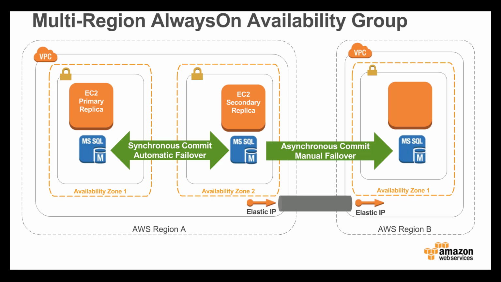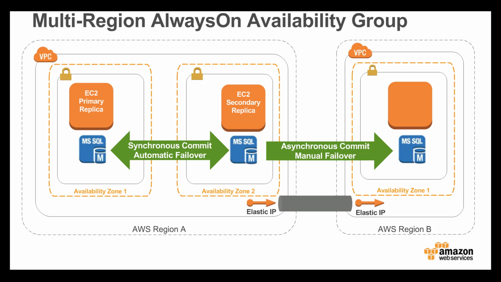Now this diagram here shows a multi-region, multi-AZ or availability zone design for SQL Server Always On. Now this is not required, and most organizations won't use this type of architecture. Automatic failover occurs between AZs, but there's also asynchronous commit between regions via VPN.